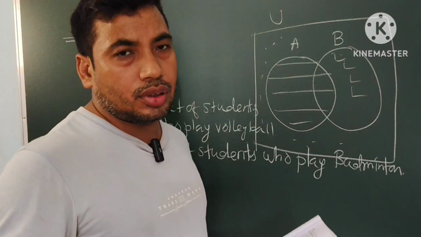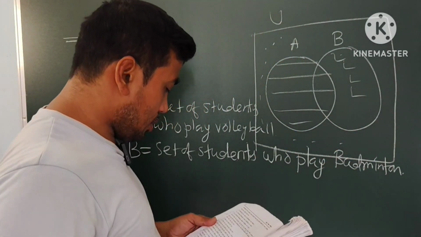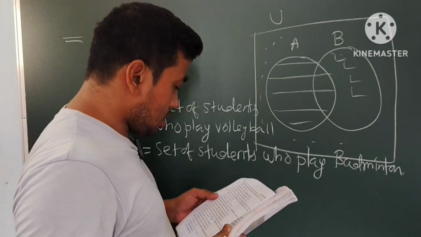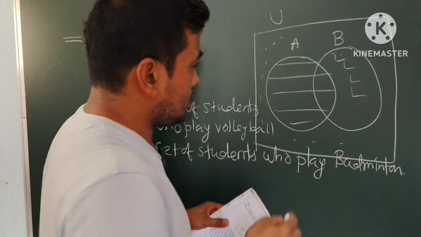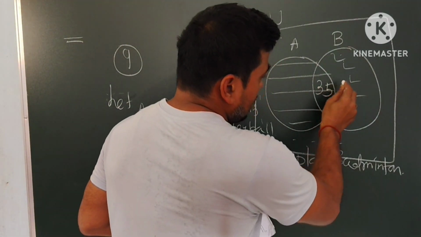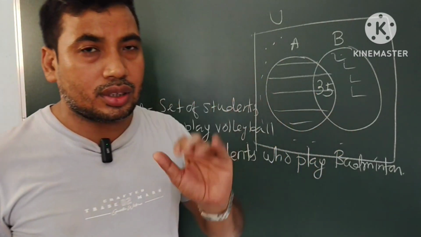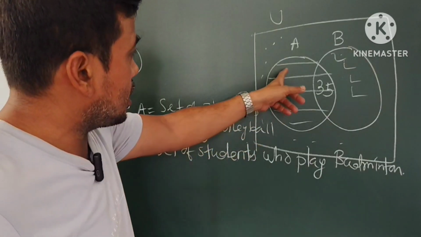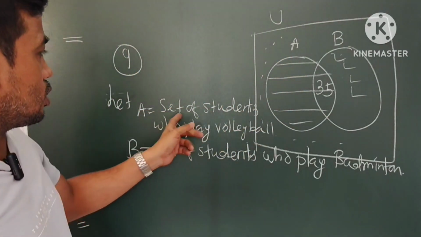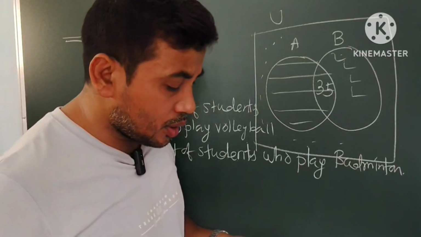So from the figure we can find it. See here, 35 students play both of the games. That means this part is A intersection B, and in this part there are 35 elements. A is the set of students who play volleyball. How many students play volleyball? 60.